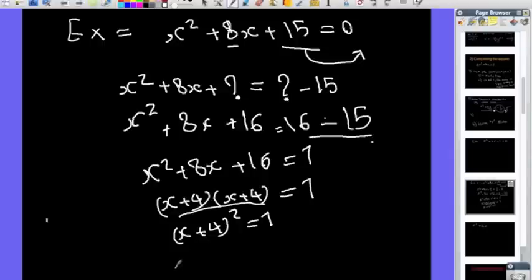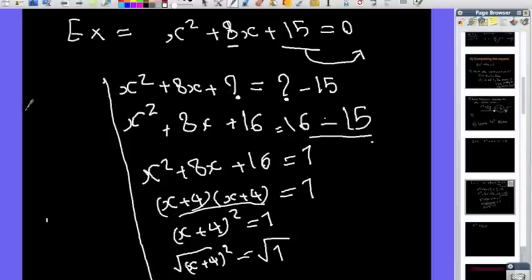Now you take a root for both sides. x plus 4 squared equals root 1. I'm gonna continue on this side since we don't have space. So the square and the root here cancel out, so it would be x plus 4 equals plus or minus 1.